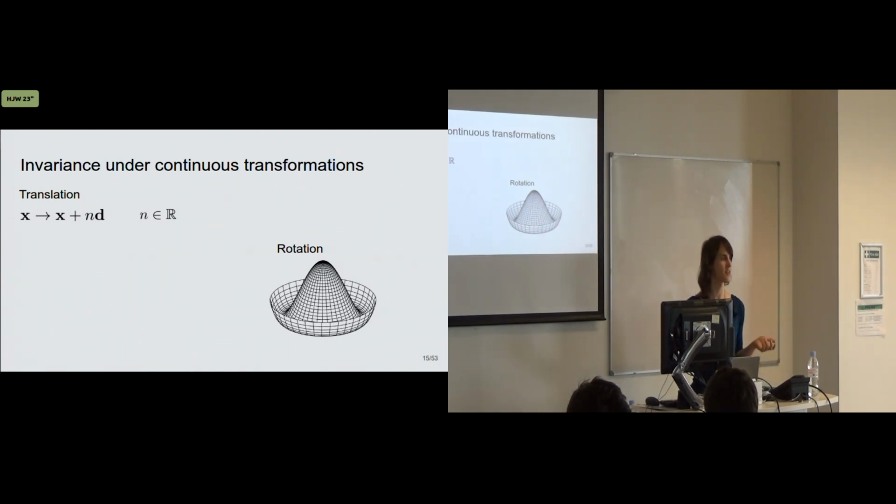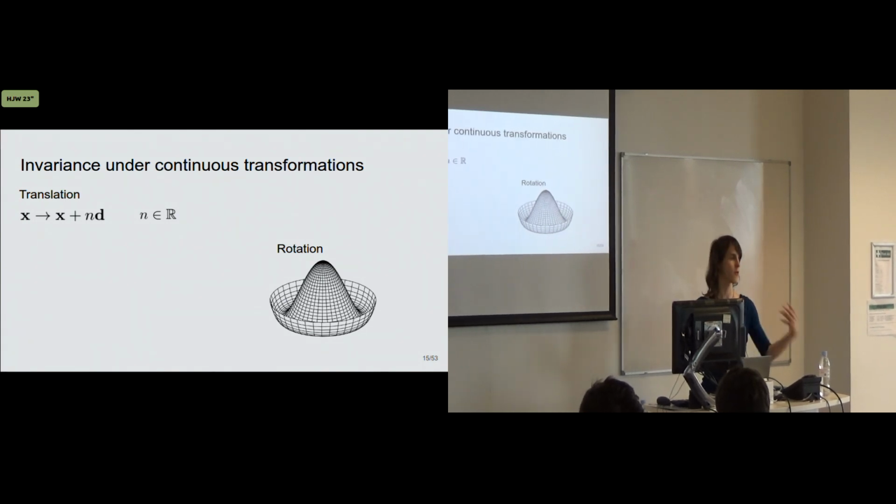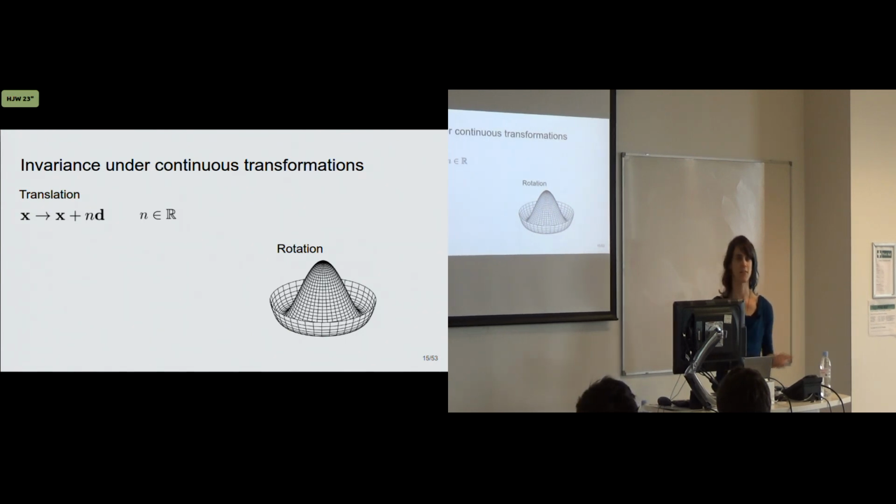Similarly, for rotational symmetry, if you know your function is invariant under rotations of the inputs, then again that reduces the effective dimensionality in which we have to infer how the function behaves.